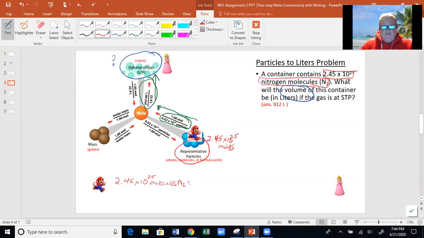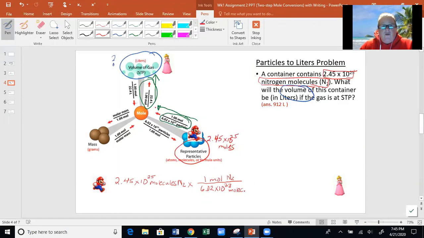Now, my first conversion factor that Mario encounters is this one. 1 mole of nitrogen is 6.02 times 10 to the 23rd molecules.